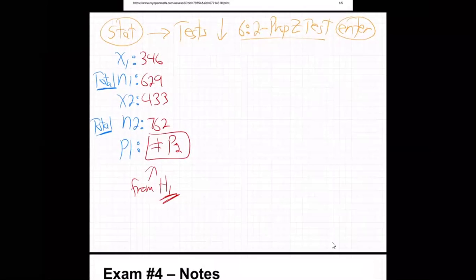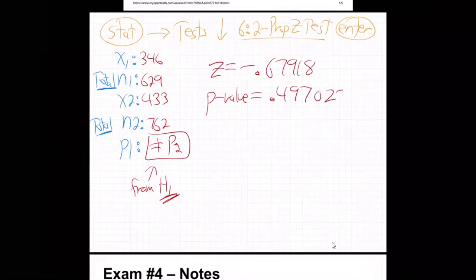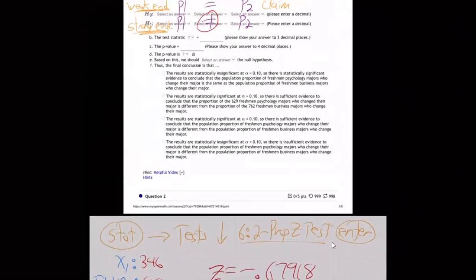I'm getting a Z value, which is negative 0.67918, and a P value, which is 0.497023. Okay, so that's what I'm getting for my numbers. Let's go back up.